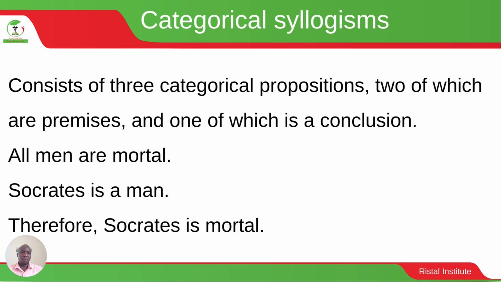So if, for example, we say that all men are mortal, and Socrates is a man, it is therefore concluded that Socrates is mortal. This is what we call categorical syllogisms.